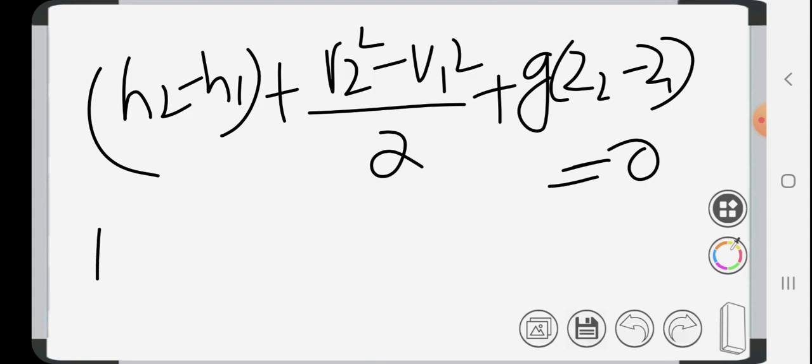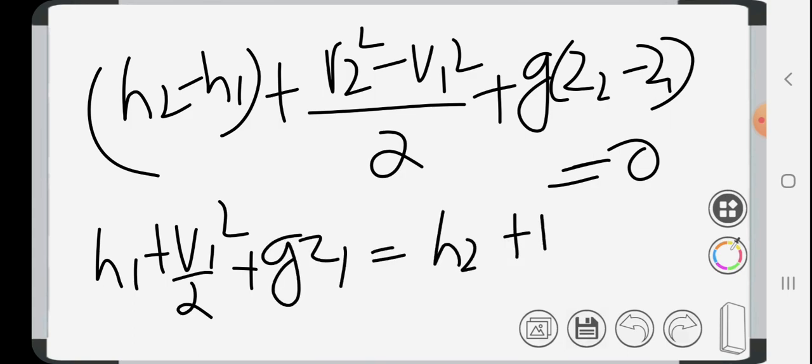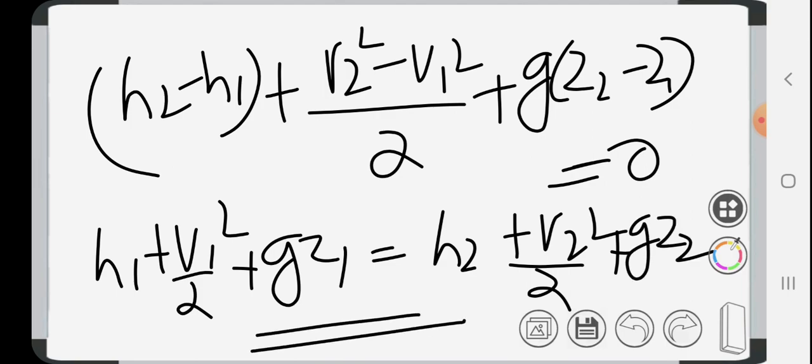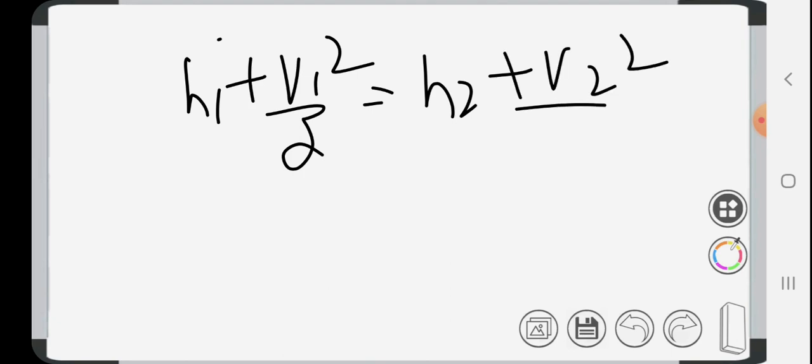So this equation will become h1 plus V1 square by 2 plus gz1 equal to h2 plus V2 square by 2 plus gz2. So this is the case of the steady flow energy equation with no heat or work transfer. If inlet and outlet are at the same level, these two will get cancelled and the equation will become even simpler: h1 plus V1 square by 2 equal to h2 plus V2 square by 2.